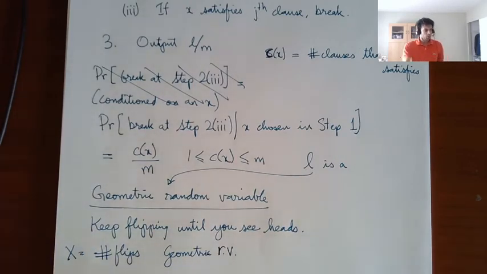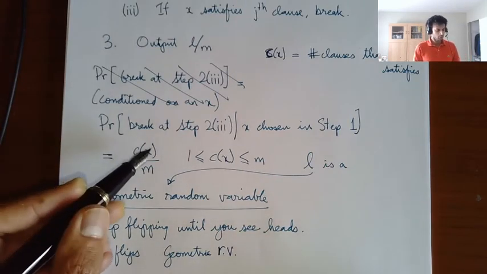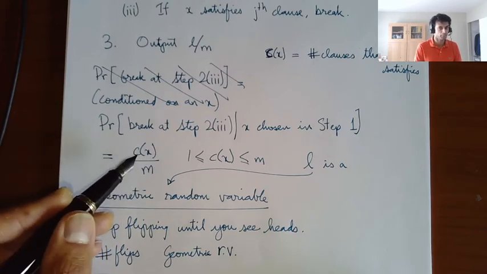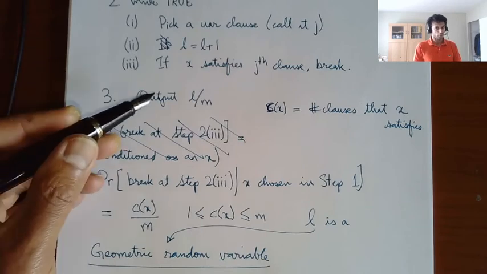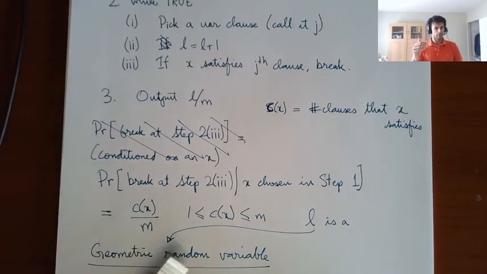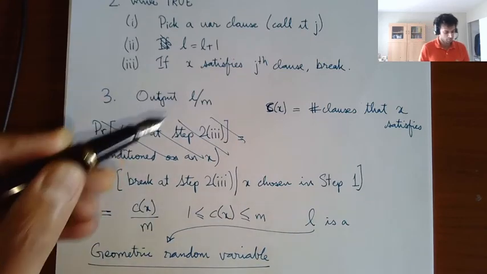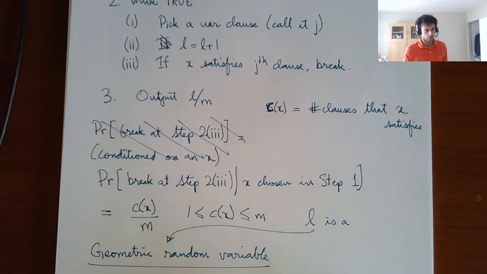I'll get into the properties of a geometric random variable in a moment. Okay? But this is the probability that you broke at some step, that there was a break. L is the number of steps it took to break.